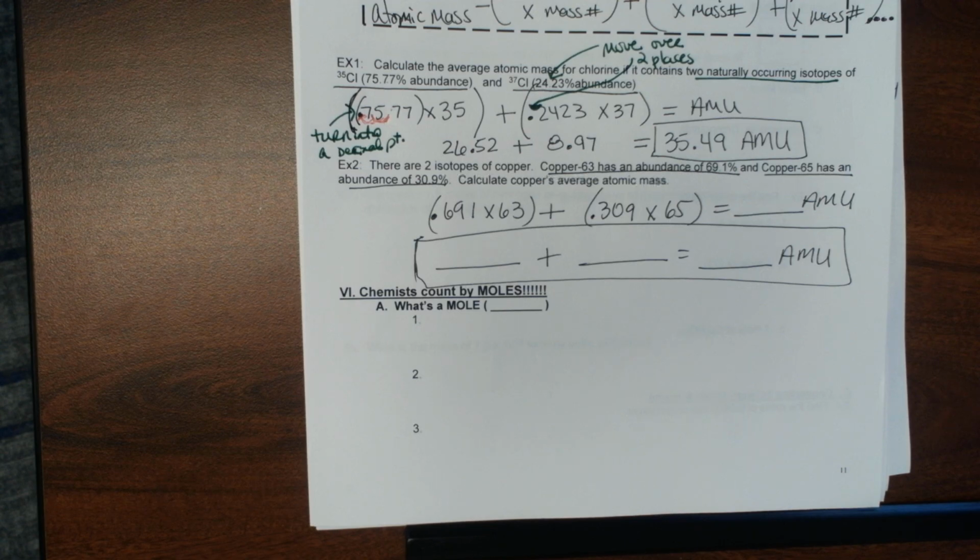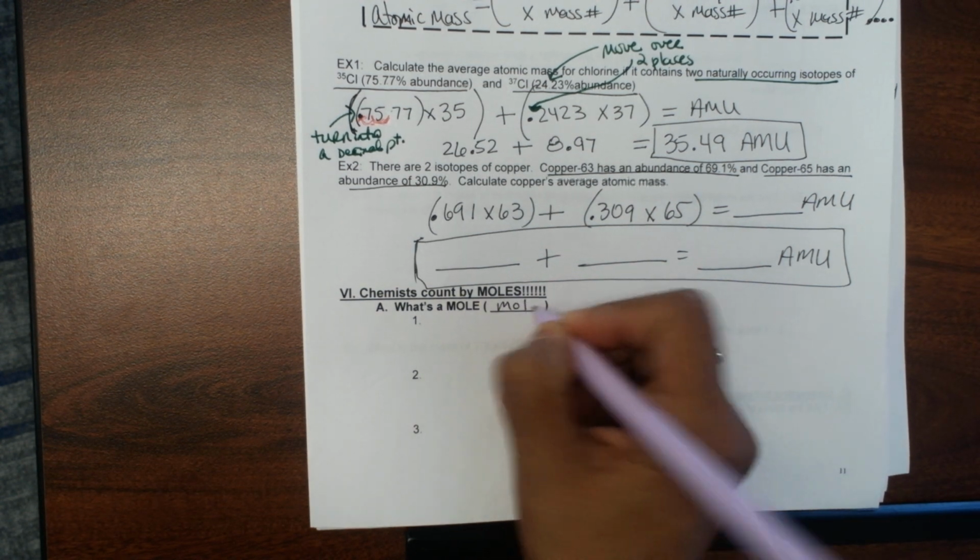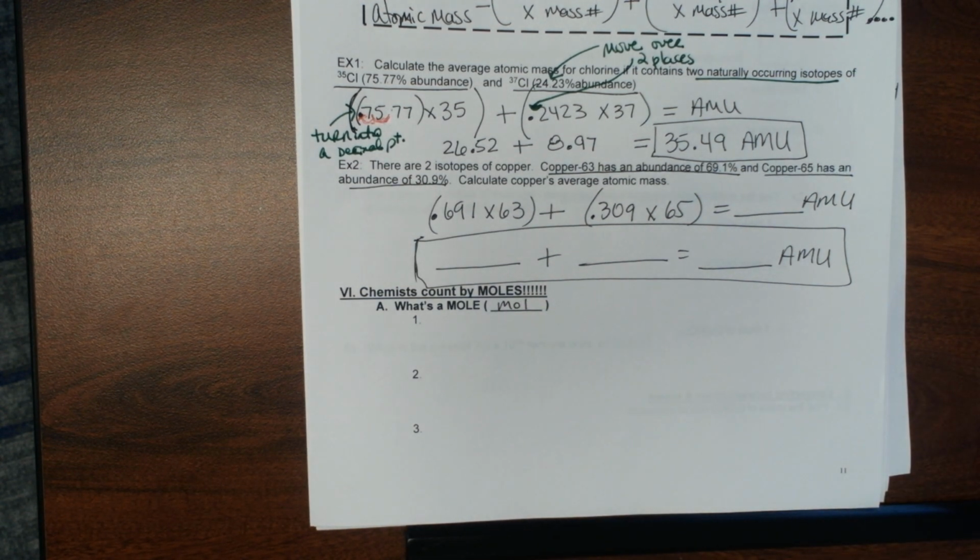Okay. So now we're learning how to count by moles. Imagine how you counted by 2s, by 5s, by 10s. Now you're going to learn how to count by moles, or an abbreviation is MOL. I know, it's almost spelling the whole word, but that's just the abbreviation.